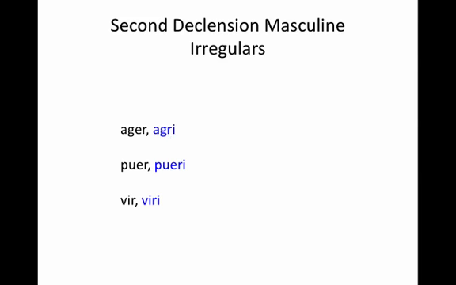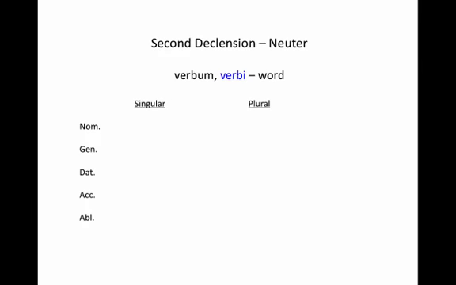To get our stem, we drop off the I, and this gives us our stem for all of these nouns. So for ager, agri, it's agr; puer, pueri, puer; vir, viri, vir. And all you do to these is add your normal endings. So even though the nominative singular is a little irregular, you're going to add all of the same endings you would normally to these stems.